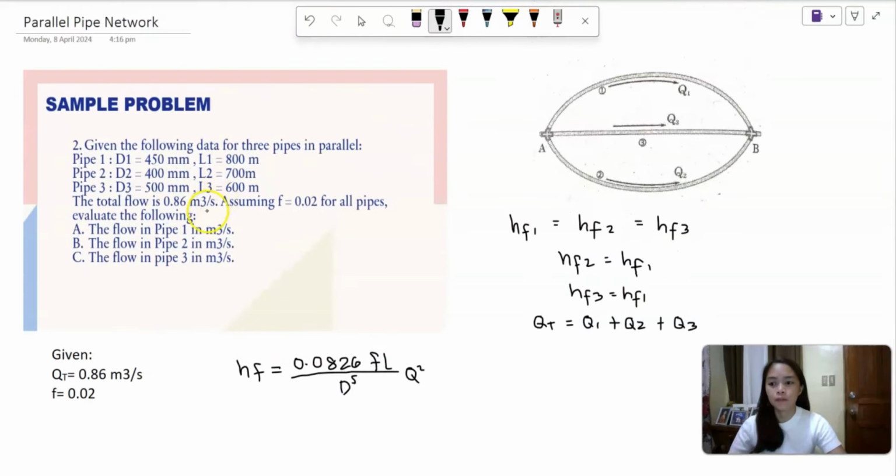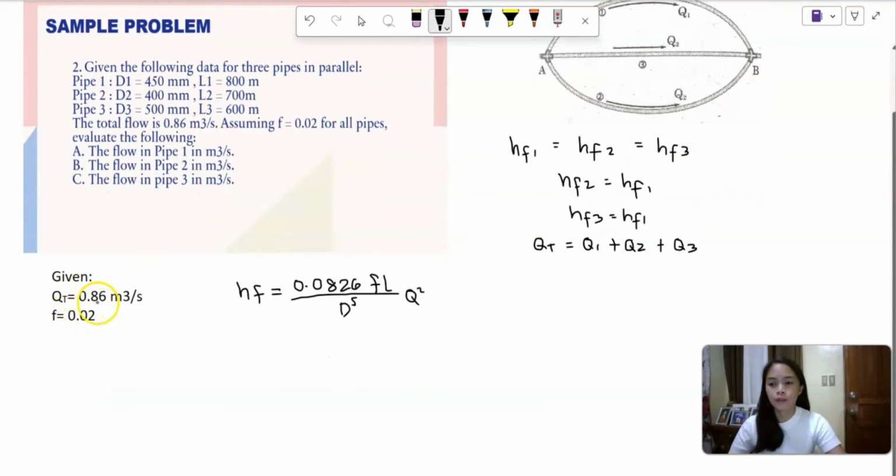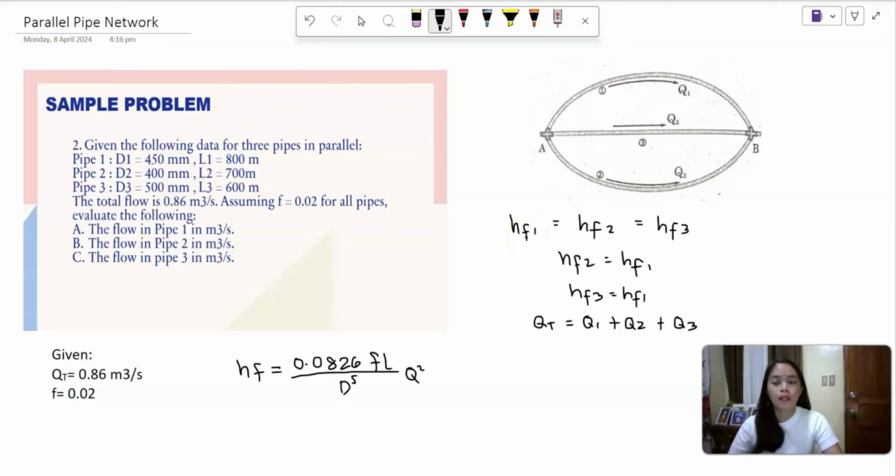So we have here the given. The total flow is 0.86 cubic meter per second and the friction factor F, which is 0.02 for all the pipes. The second thing to do is we need to get the equations that we can get here in our illustration. From the general rule of parallel pipes, the head loss in pipe 1 is just equal to the head loss in pipe 2 and pipe 3.